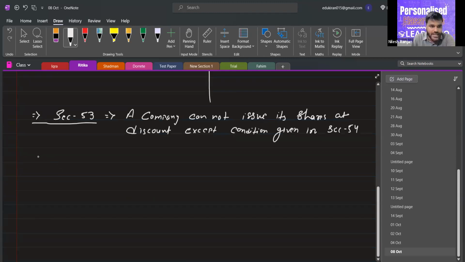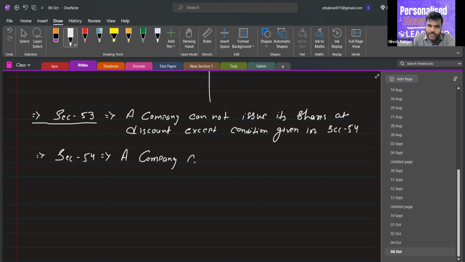Section 54 says that a company can issue its shares to employees at discount.